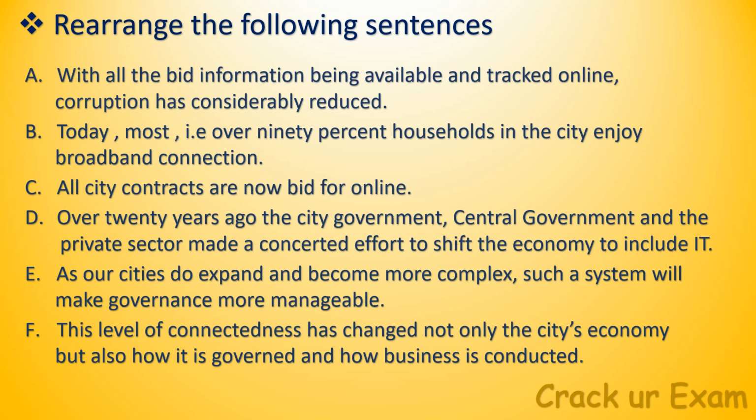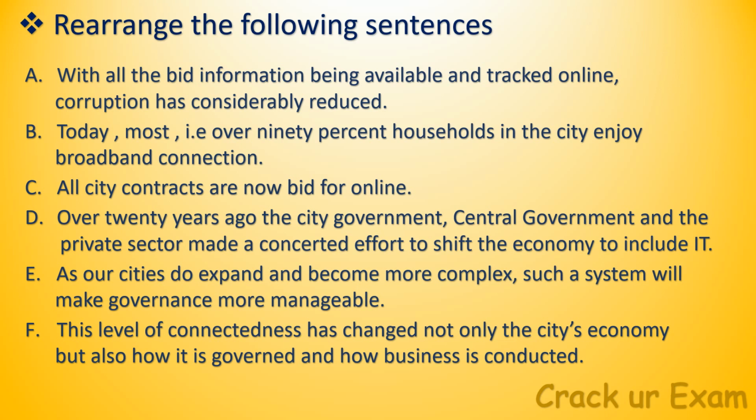With all the bid information being available and tracked online, corruption has considerably reduced. Second sentence: today most, that is over 90% of the households in the city enjoy broadband connection. Sentence C: all city contracts are now bid for online. Sentence D: over 20 years ago, the city government, central government, and the private sector made a concerted effort to shift the economy to include IT.